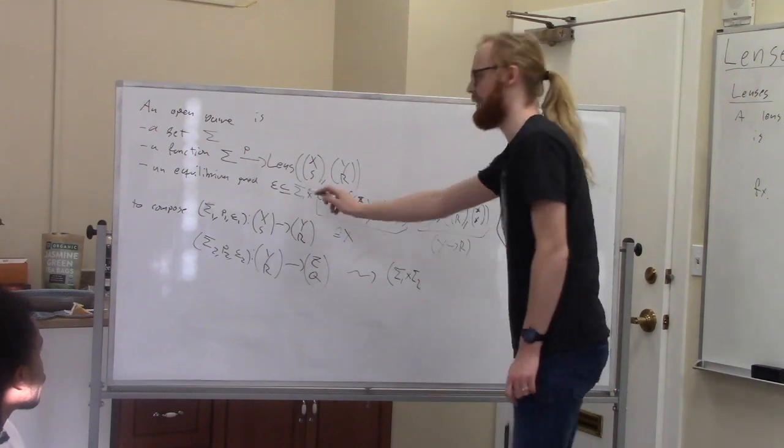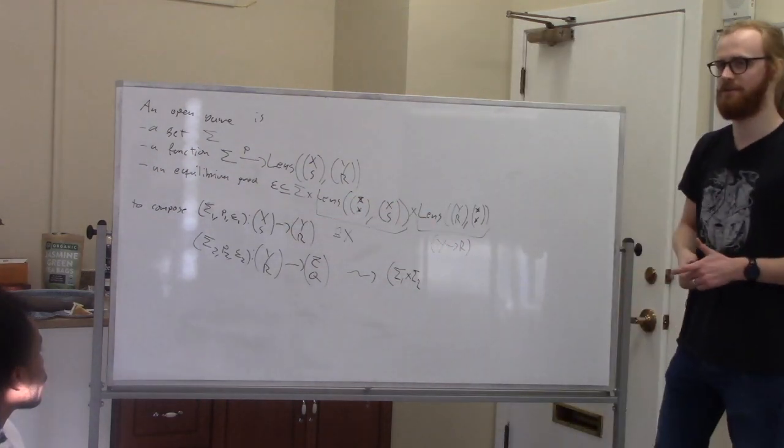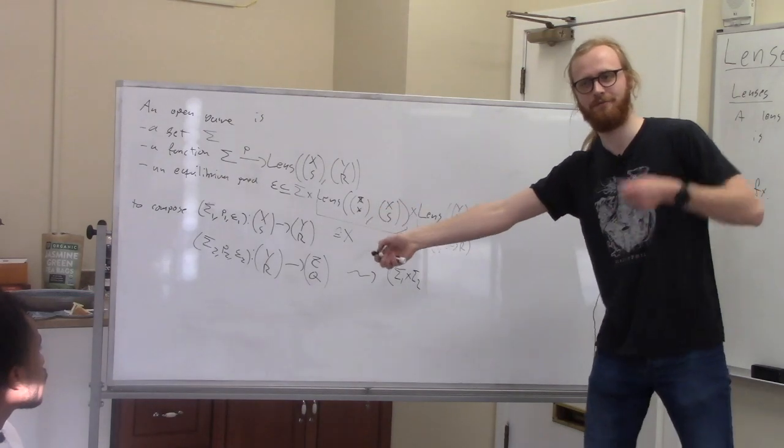So a strategy for this composed agent is just choosing what one player is doing and what the other player is doing.